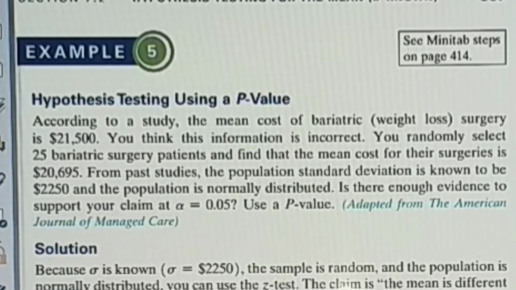So let us write it here: mean cost is 21,500.